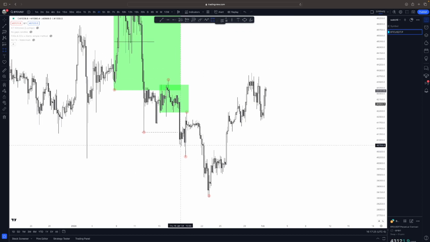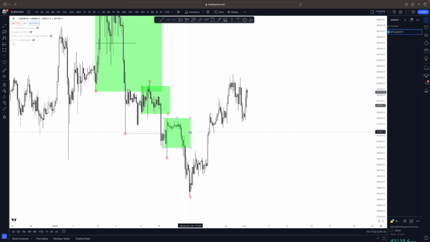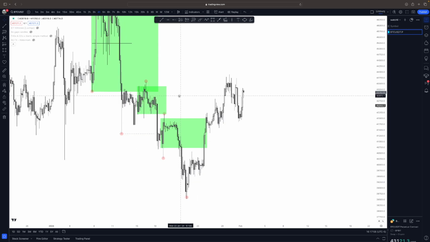So we follow price, created that new low, created that lower high, and once it created that low, we could look for that supply zone. So we take that last bearish candle towards that high right there and draw that in as our supply zone right there.